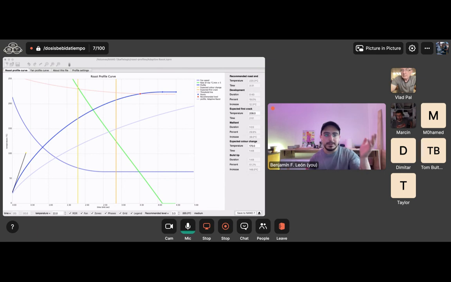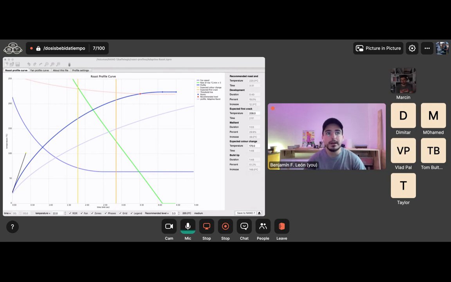So the PID basically just calculates the difference between actual temperature and objective temperature in a number of different ways in order to control the element, right? That's pretty straightforward. It's how most of us understand PID works.